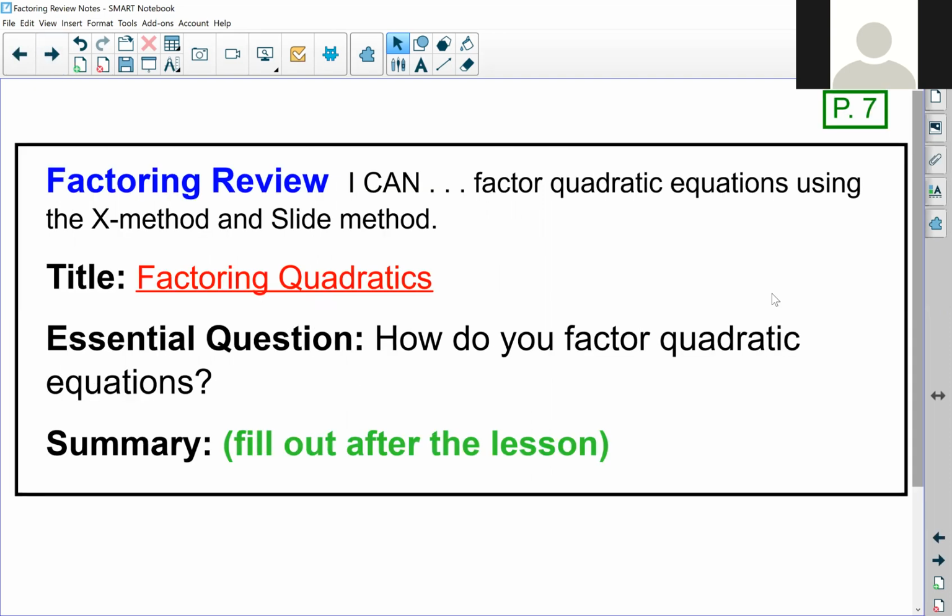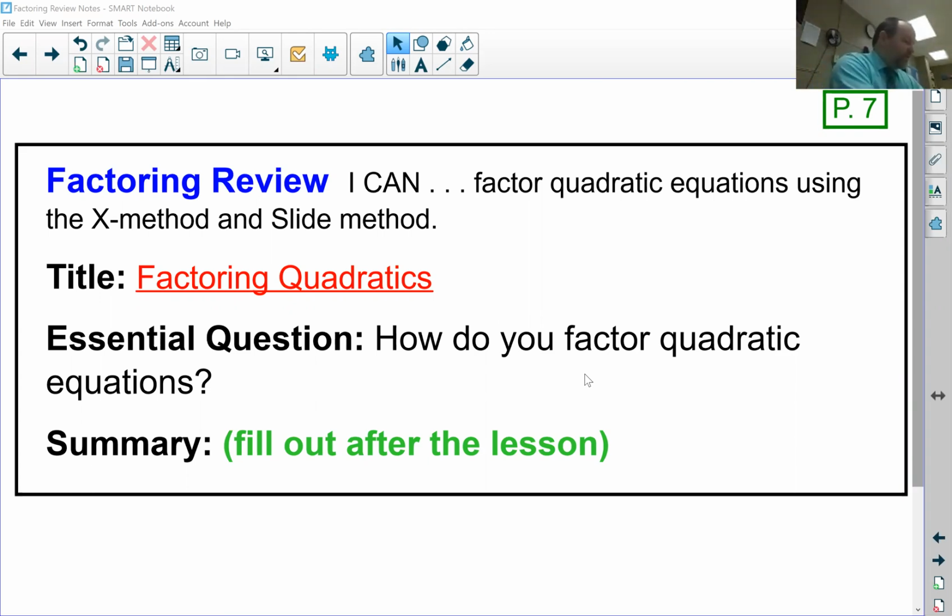Today we're actually going to do a little bit of review of factoring. So if you remember factoring from last trimester, that will be great.